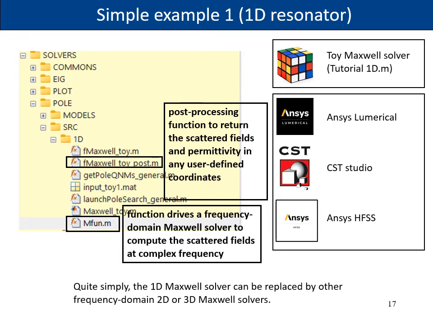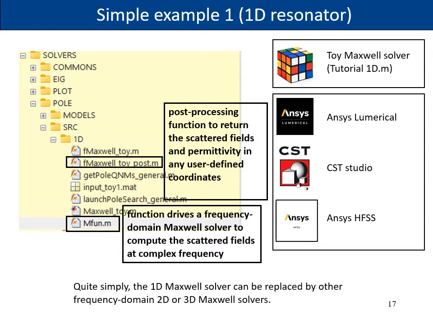or materials. So what the user only needs to do, in order to incorporate this Maxwell solver, is to modify these two interface functions. One interface function is this mFun function, which basically drives the frequency domain Maxwell solver.